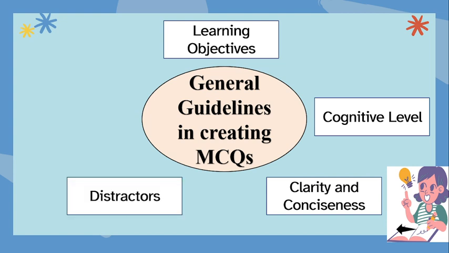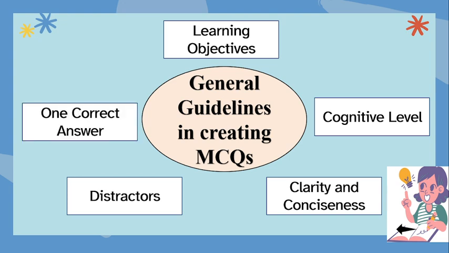Next is distractors. We have to provide plausible but incorrect answer choices to challenge students and prevent them from simply guessing. And the last one is one correct answer. There should be only one demonstrably correct answer for each multiple choice question, but it depends on the type of format or the type of multiple choice that we use.